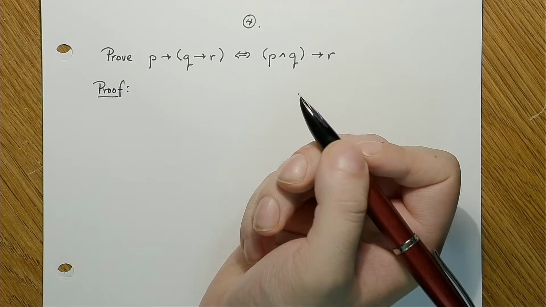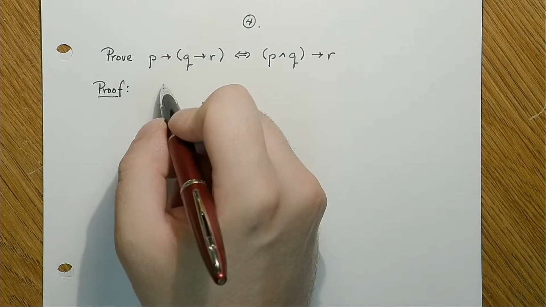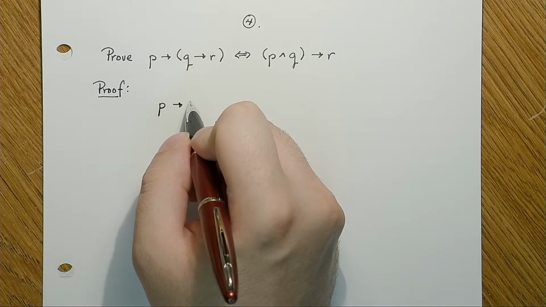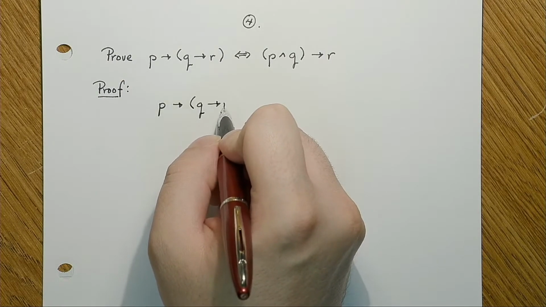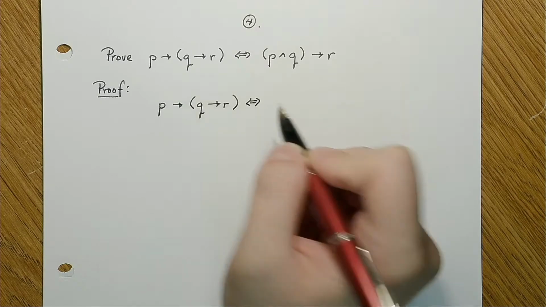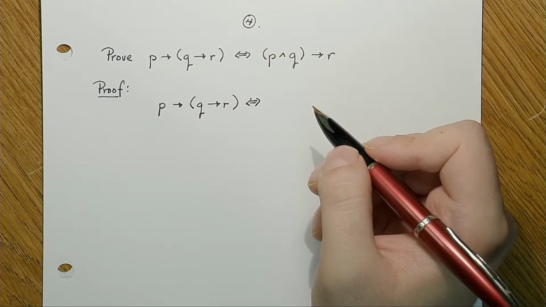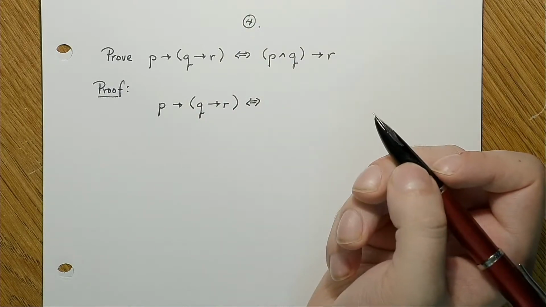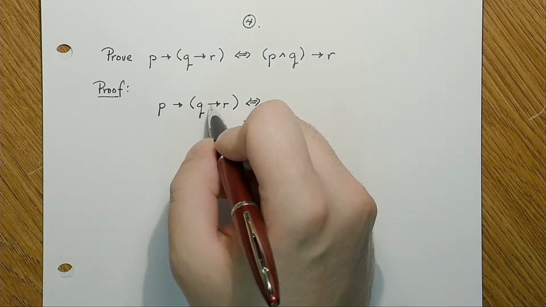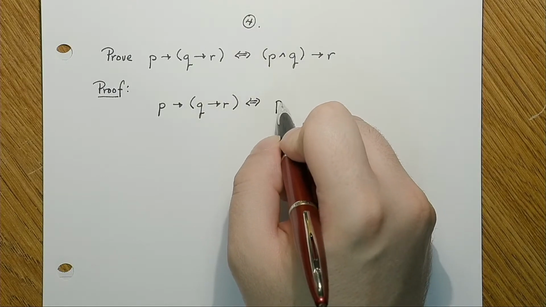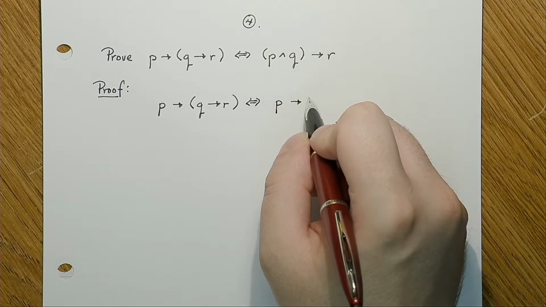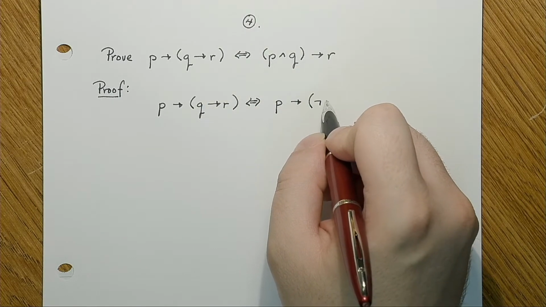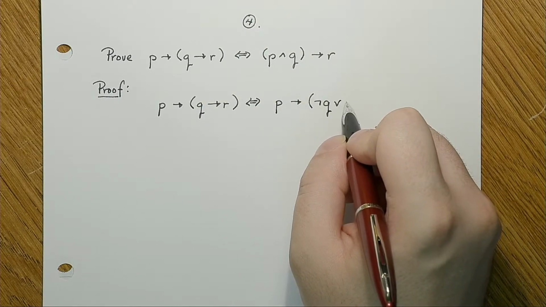So what we have, we'll start with the left-hand side. So I'll just copy this out. I know that I have two implications, so I'm going to get rid of them one at a time. So I will start out with the inside bracket. So this is going to be not Q or R.